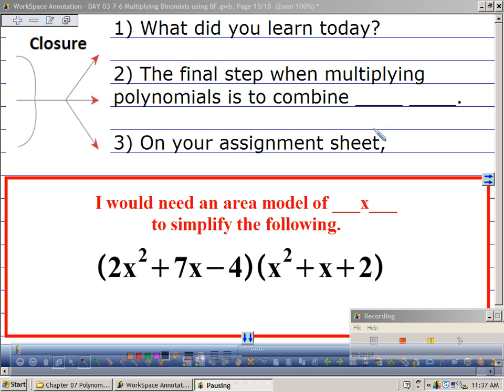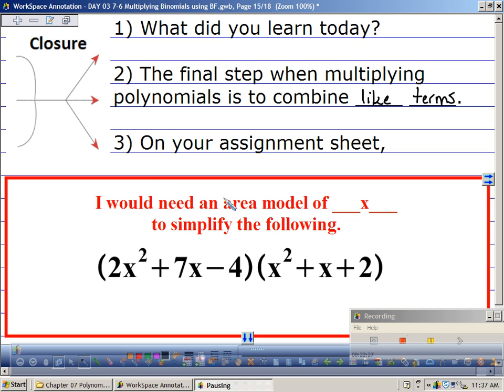Jacob, want to help him? The final step when multiplying polynomials is to combine. Perfect. Like terms. Whoa, I didn't hear, Andrew. Did you say that? Oh, I apologize. I did not hear it. I was asking Andrew, and I didn't hear like terms.